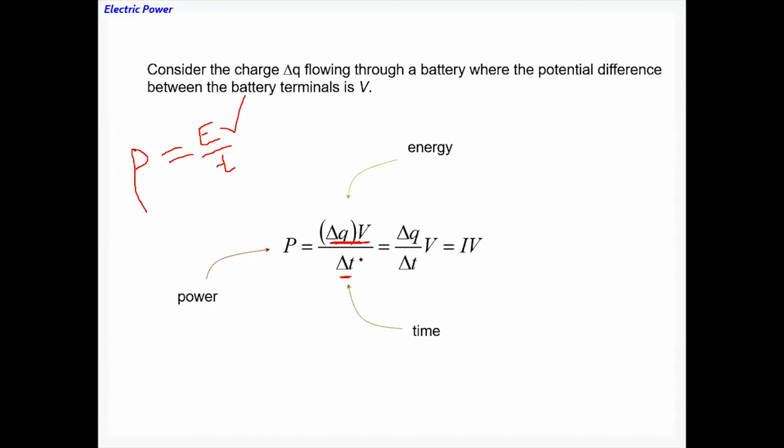Delta Q over delta T is I, my current. Then what are we left with? V. If you multiply current and voltage, you get a quantity called the power of the electricity. That's how you define power. Power of the electric current is I times V.